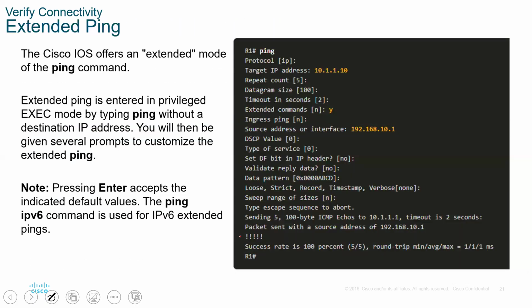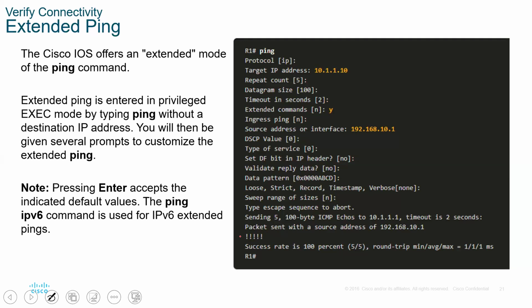Now, there is what they call extended ping when you are using it in routers or switches, especially when you are running the Cisco IOS. So it offers extended ping. And what does that mean? The extended ping is to say, okay, you are running a ping, but you are adding some more information.